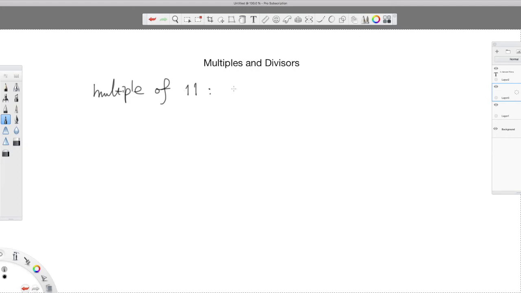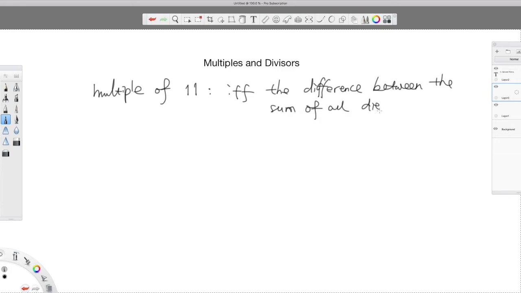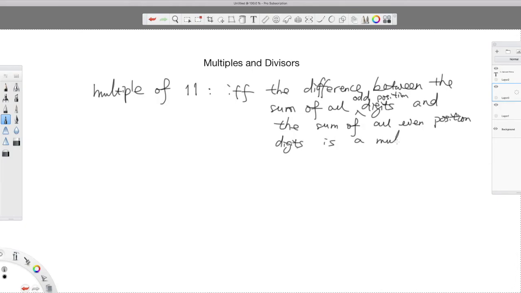The property says a number is a multiple of 11 if and only if the difference between the sum of all odd position digits and the sum of all even position digits is a multiple of 11. What do we mean by the odd position digits and the even position digits?